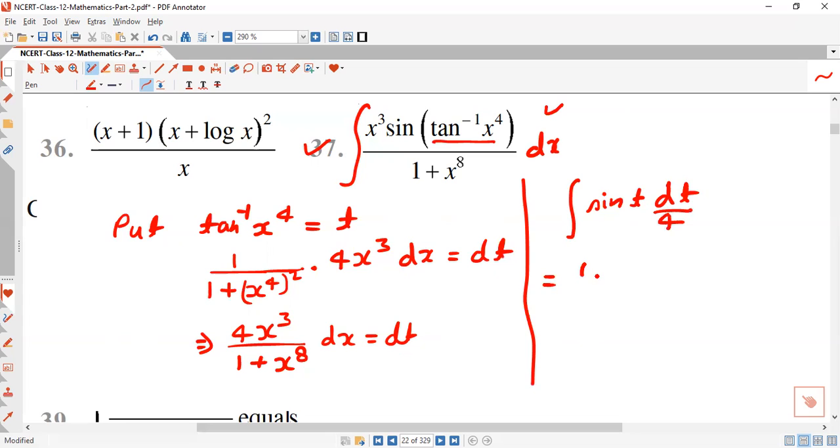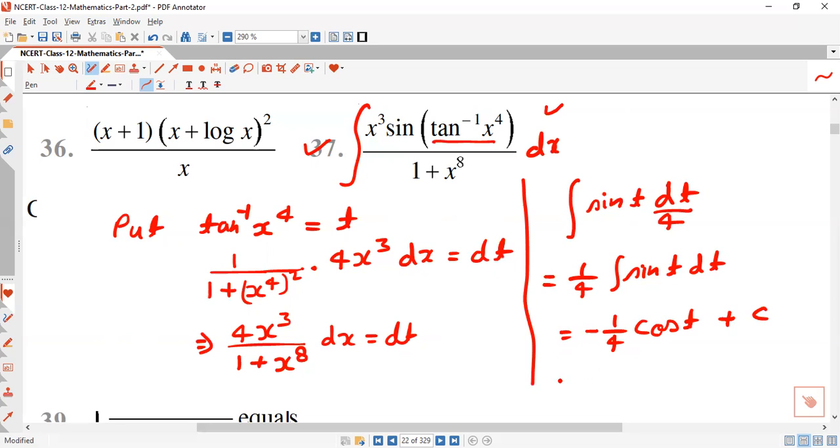So this integration becomes 1 by 4 integration of sine t dt, which is minus 1 by 4 cos t plus some constant c.